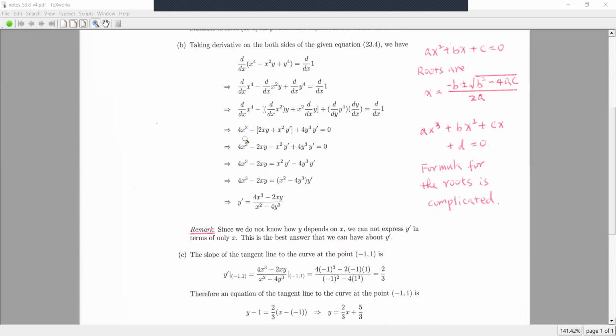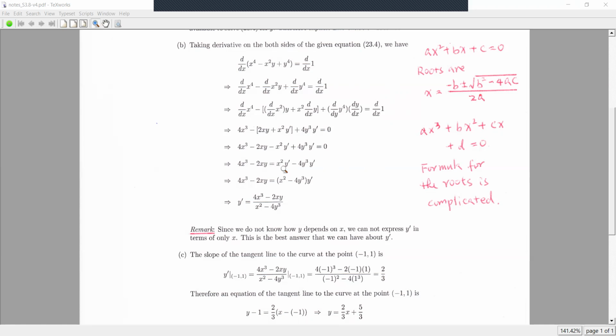Now solve this equation for y prime. Distribute the negative sign to the 2 terms. Then we have this equation. Move the last 2 terms to the right hand side, then we have this equation.